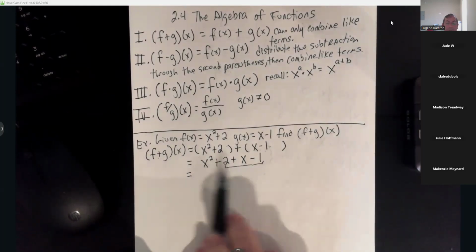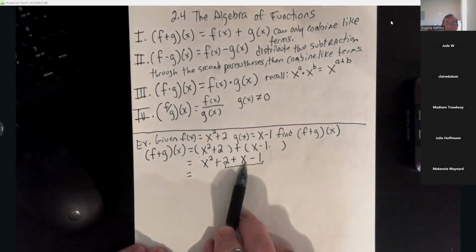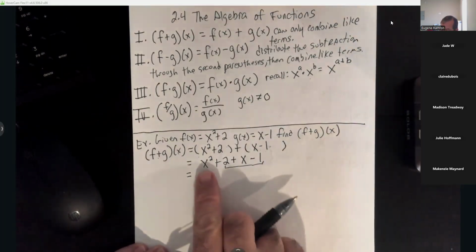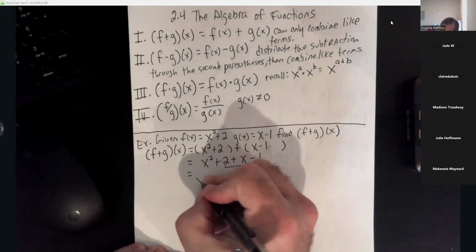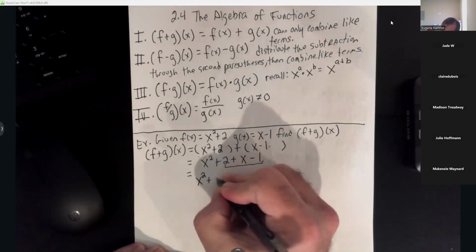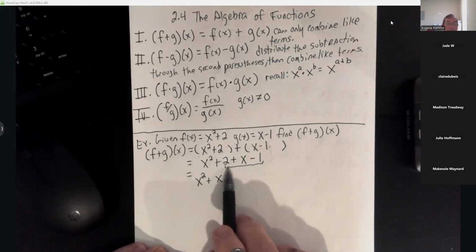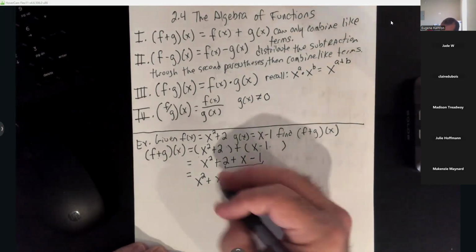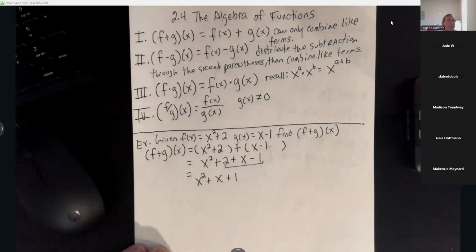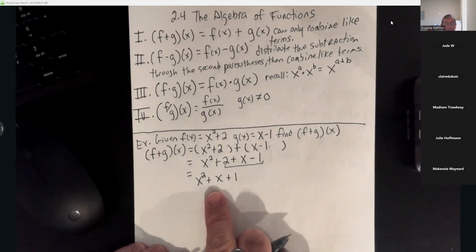Because remember, this x squared does not match the x all the way. So I'm just going to put them in what we call descending order. I'm going to put in my x squared first. And then I'm going to bring in that plus x. And then we had what? 2 and negative 1. So 2 minus 1 leaves me a positive 1. And that's the answer MyMathLab wants right there.